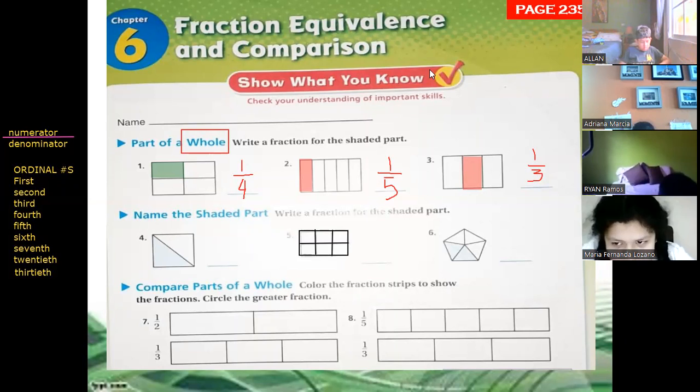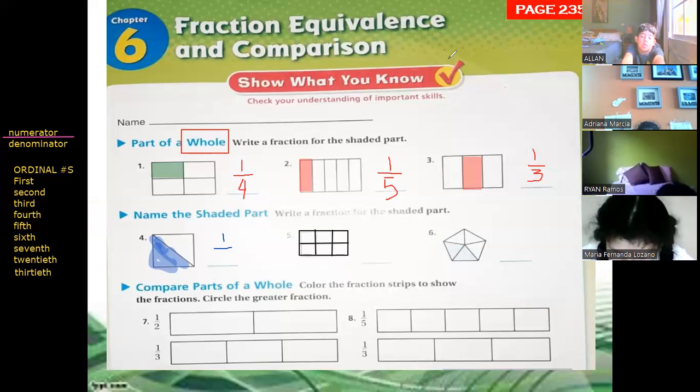Now, let's continue with the other exercises. Let me see, how can I shade this part? Okay, this one is shaded, right? Yes, it is. Okay, what is the fraction that represents the shaded part? What is the fraction? 1 second.